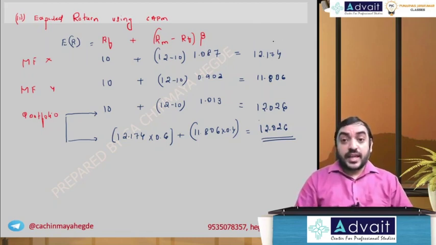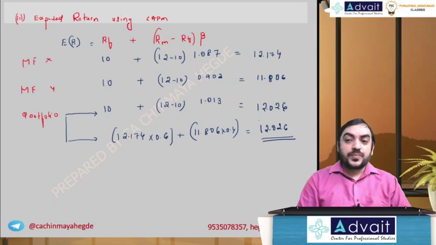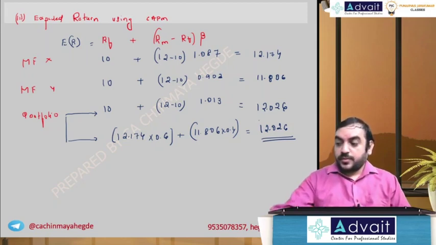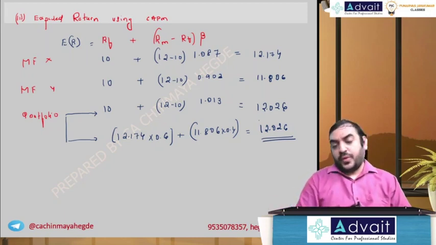Okay, they've asked us expected return, we have done. They've also asked us the systematic risk of the portfolio and unsystematic risk of the portfolio. Systematic risk of the portfolio is very simple to calculate. But unsystematic risk of the portfolio, you can do in two ways. One, using the Sharpe approach.